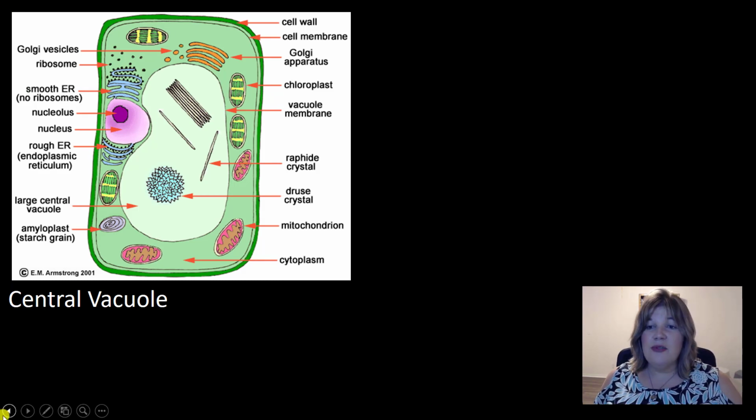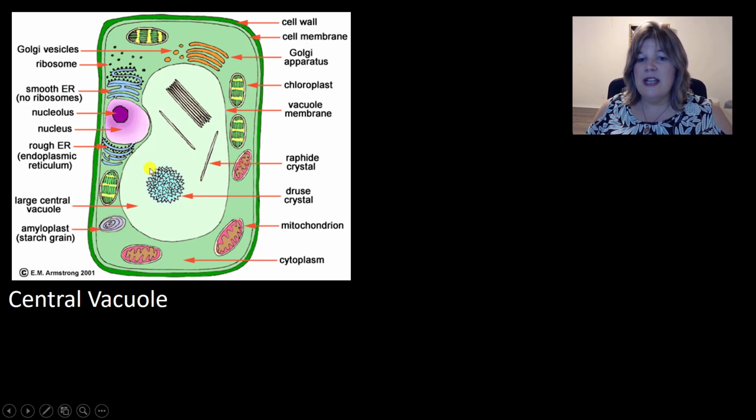Moving to the central vacuole, it is often the largest part of a mature cell. It consists of a single membrane, or tonoplast, and it stores water, salts, crystals, starch, protein bodies, and other granules.